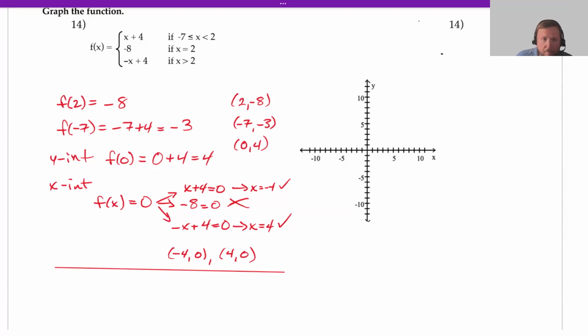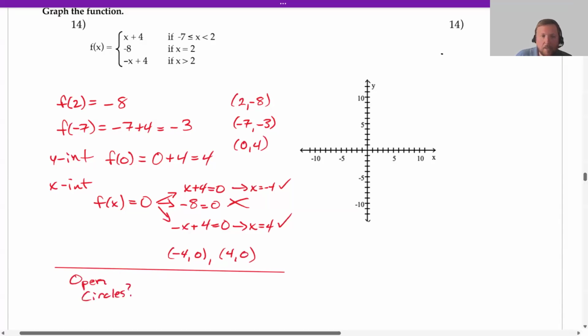And then the holes or the open circles. I'm going to put a question mark because sometimes pieces join up. That's allowed. So as x is going to 2 from the left, what's f of x doing?